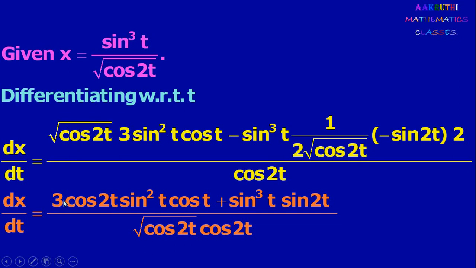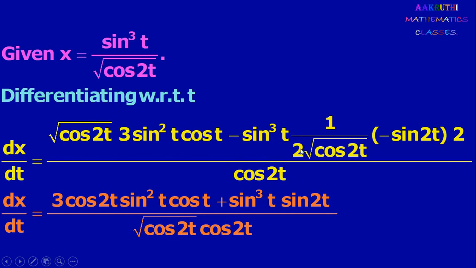So remaining is 3 into cos 2t sin square t and cos t. And here 2 gets cancelled, root of cos 2t written in denominator, and here remaining is sin cube t, minus it, minus is plus sin 2t. So it is 3 cos 2t sin square t cos t plus sin cube t sin 2t divided by root of cos 2t into cos 2t.